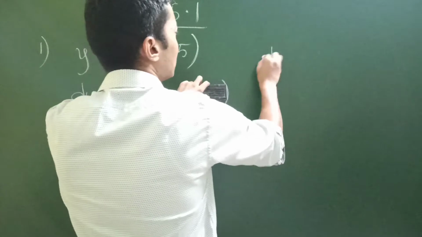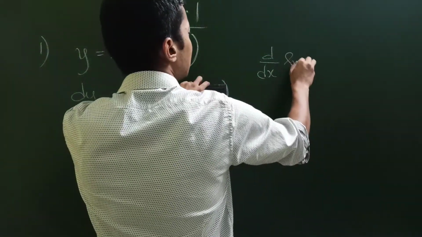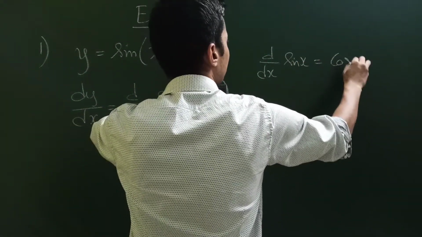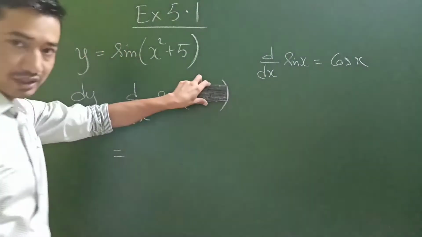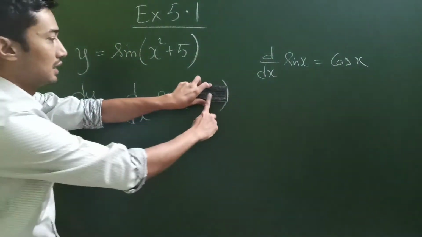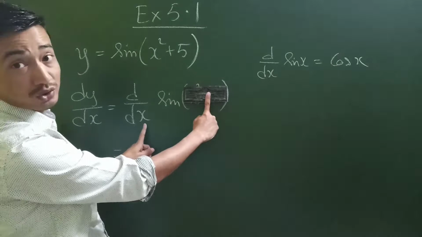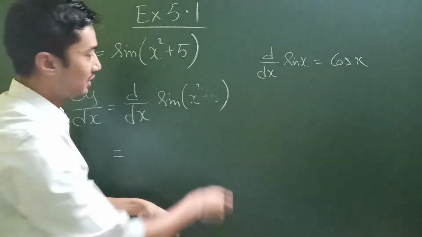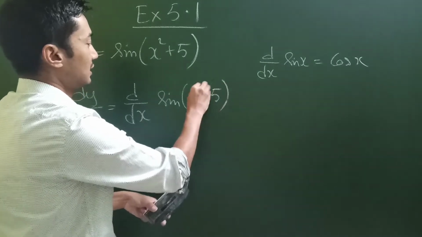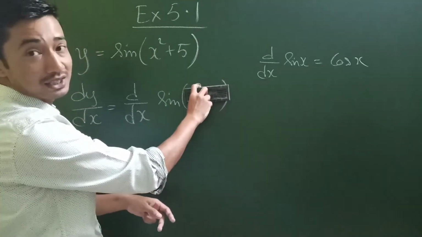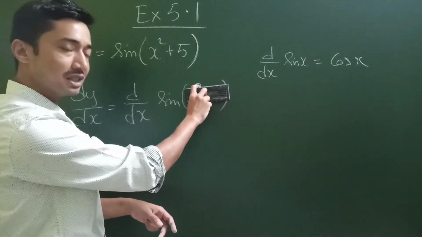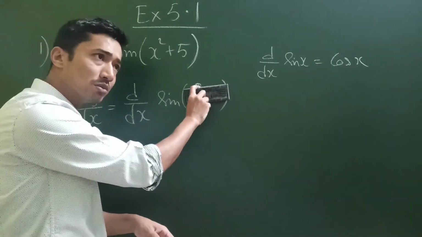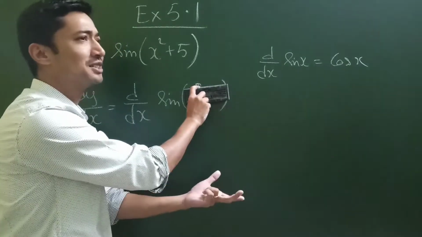Since we know that the derivative of sine x with respect to x is cos x, the only problem is that it is supposed to be x, but this is not x. This is actually x squared plus 5. But we will just assume it is x.